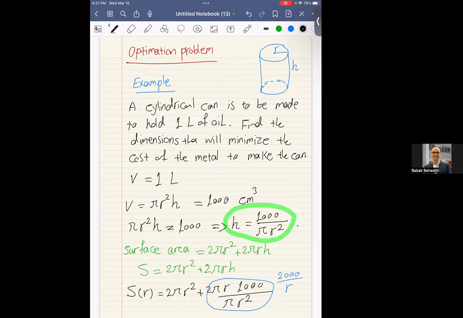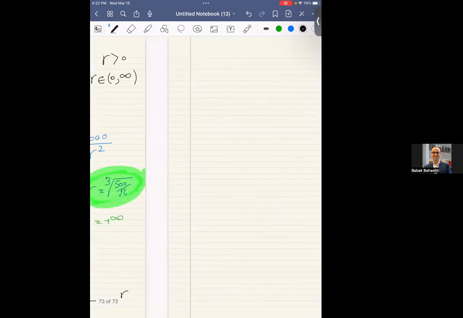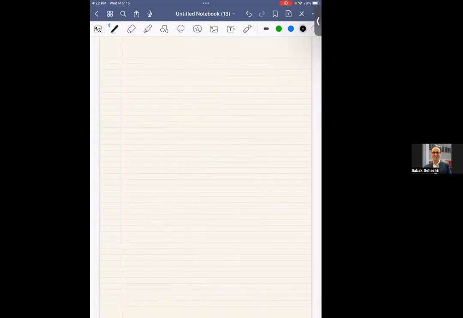How to find h? Because we know that h is 1000 over pi r squared, we can plug r here to find h, right?